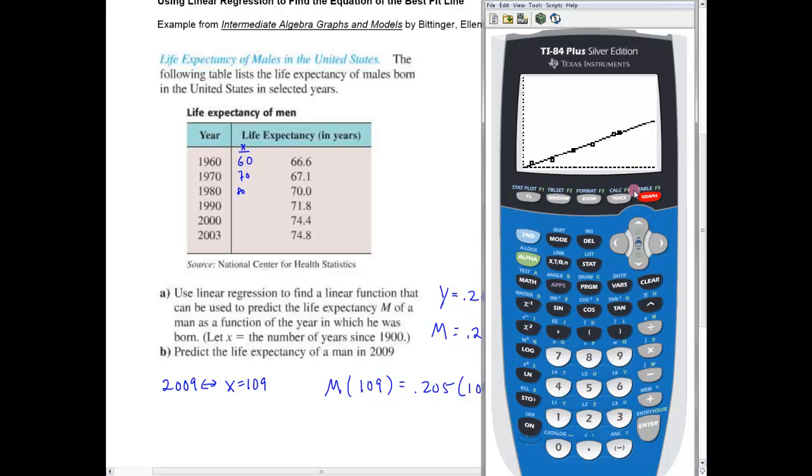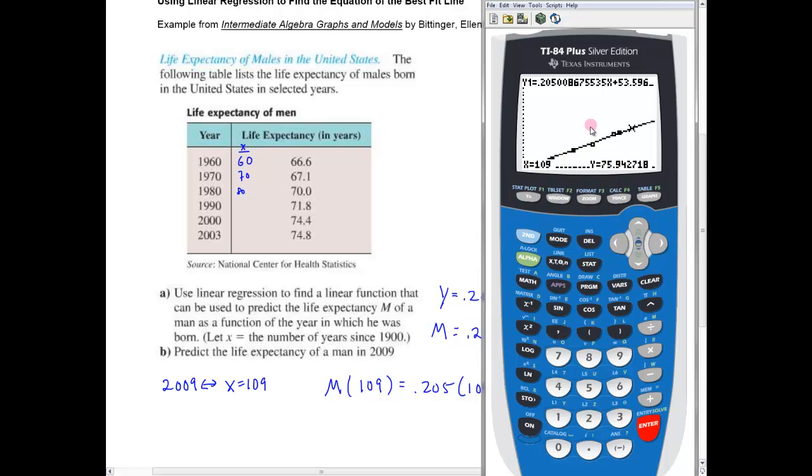Now you can go ahead and calculate, and plug in whatever value you want, up to at least 120 here. If I plug in 109, that's 109 years from our start. We see that corresponds to about 75.9.